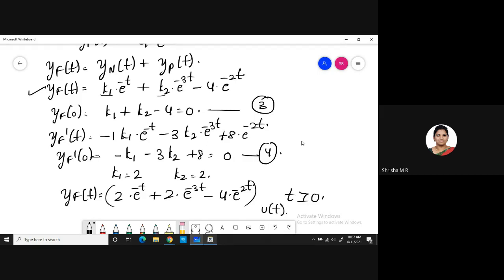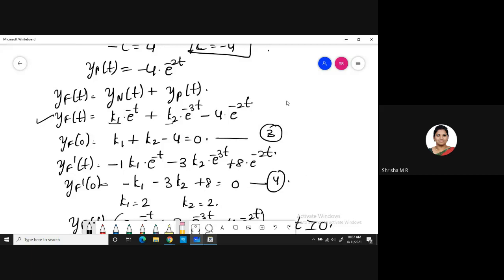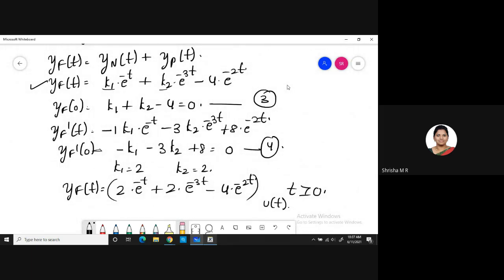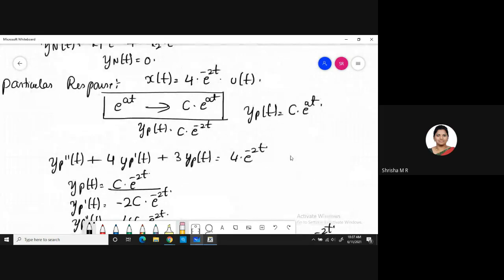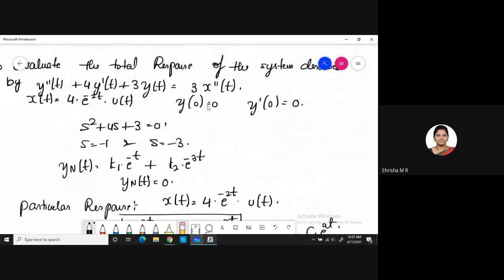Clear? And they have given you one clause also there. Till here everyone clear? Yes, ma'am. But in the question they didn't give the differential equation equal to x of t. They have given you that it is equal to 3 times x double dash of t.